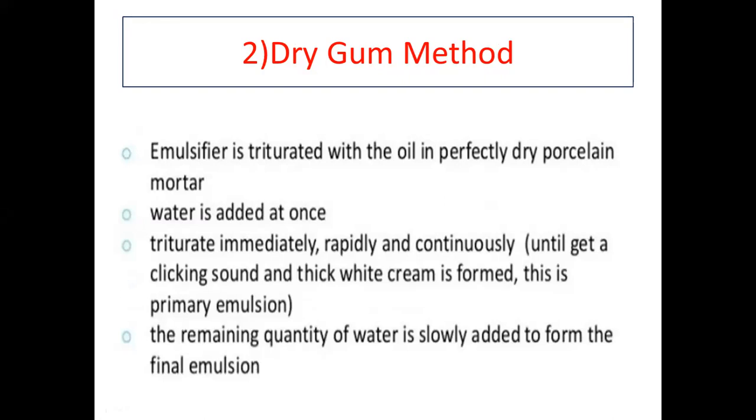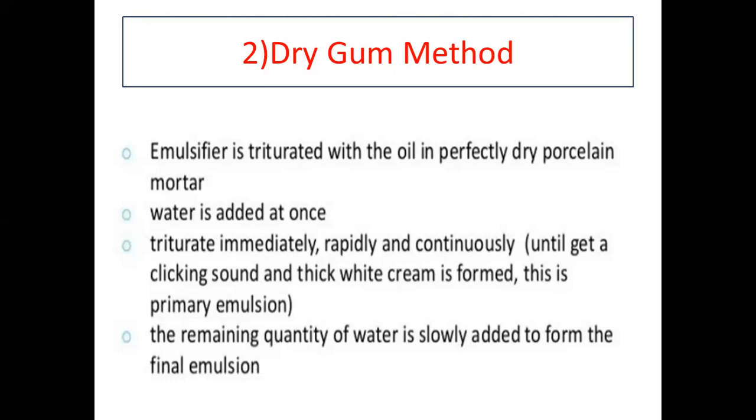Measure the required quantity of oil in the dry measure and transfer it into the dry mortar and add the calculated gum acacia into this oil and then triturate it. That means in this, we first take the oil, after that we add the emulsifying agent, that is gum acacia, and then triturate it.